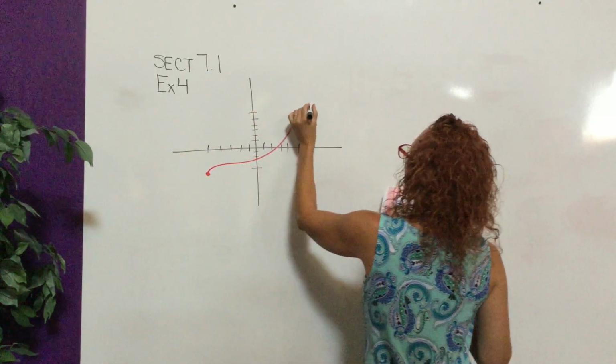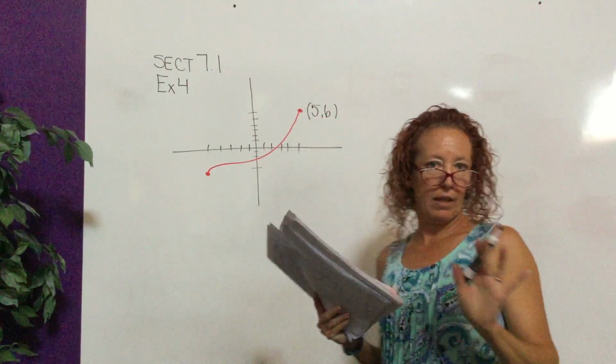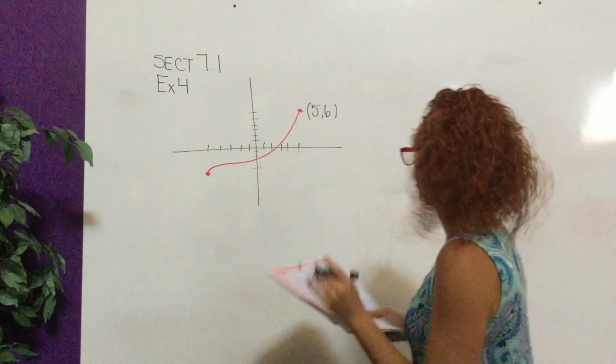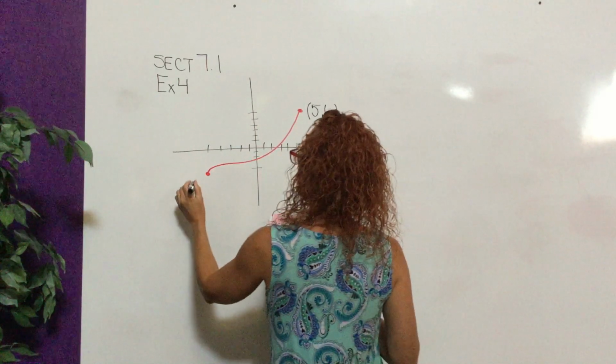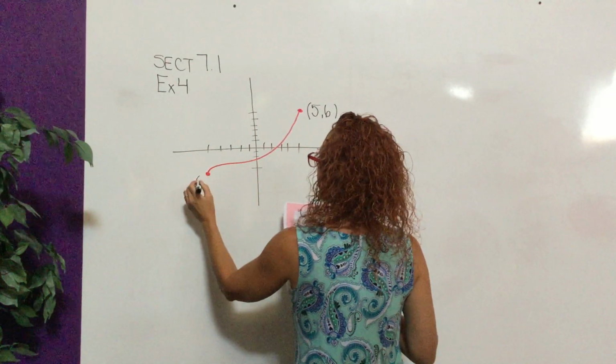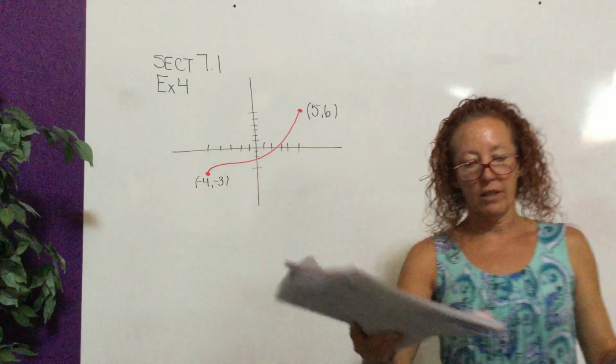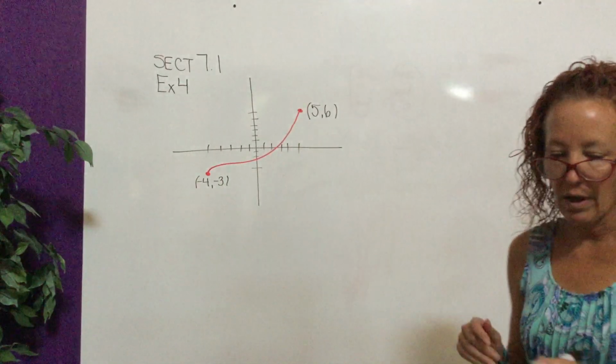And I want this to kind of be at the point 5, 6. I don't think I'm doing it the exact same points as your textbook would, but hopefully you are getting the gist of it. -1, -2, -3, -4. This is the point -4, -3. I am just trying to illustrate, all right?